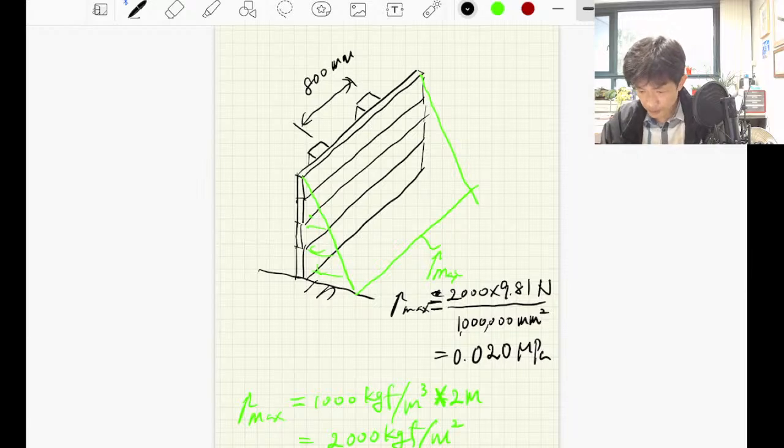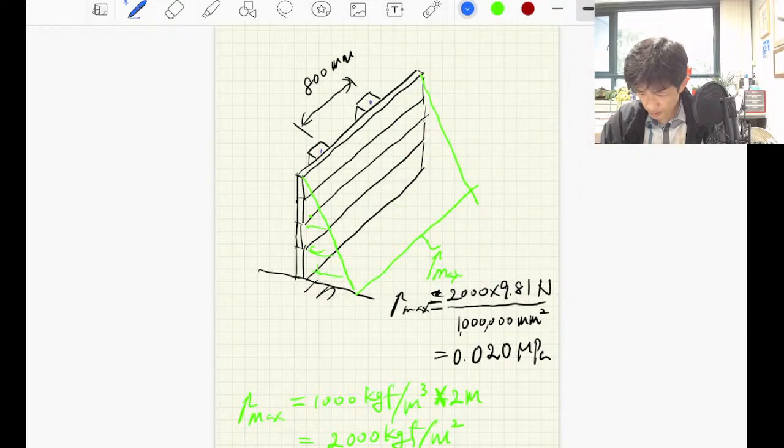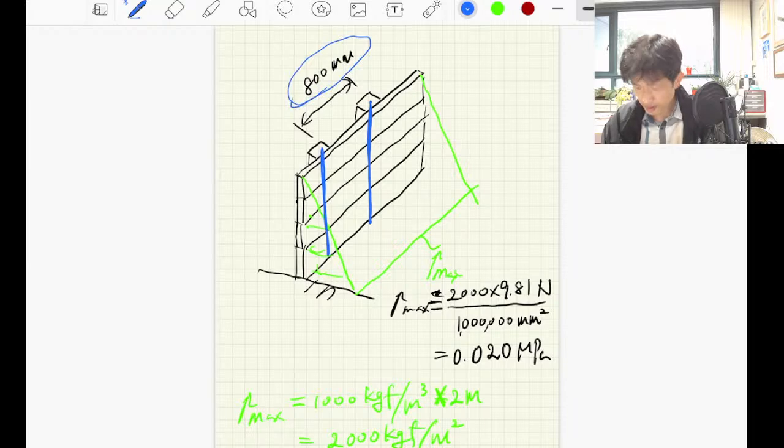So for an individual spacing, we can consider this as a cantilever, isn't it? And this cantilever is resisting the pressure acting over this width. That's why, if you further simplify the problem for an individual cantilever, then it becomes like this.